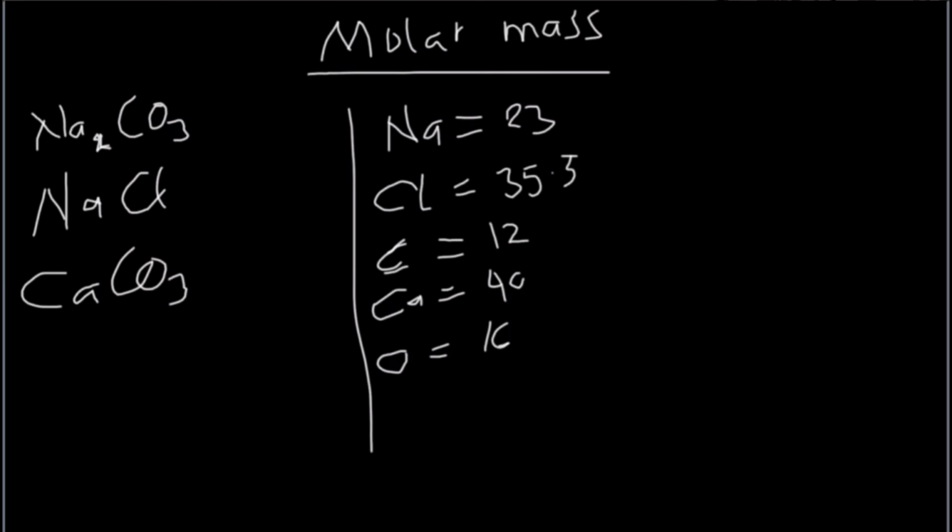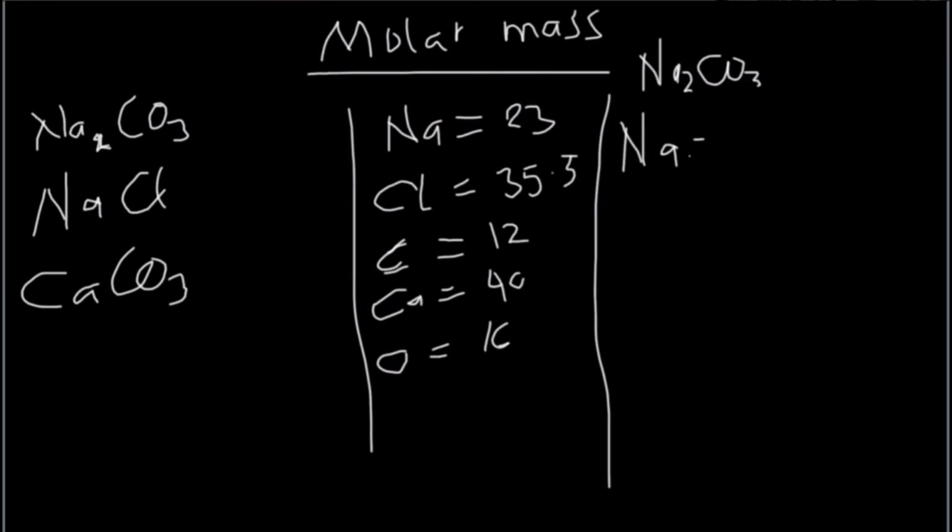So let's take the first one as example. We have Na2CO3. We have to break them down to the individual atoms in the compound. For Na2CO3, we have Na, which is 2, C, which is 1, and O, which is 3.